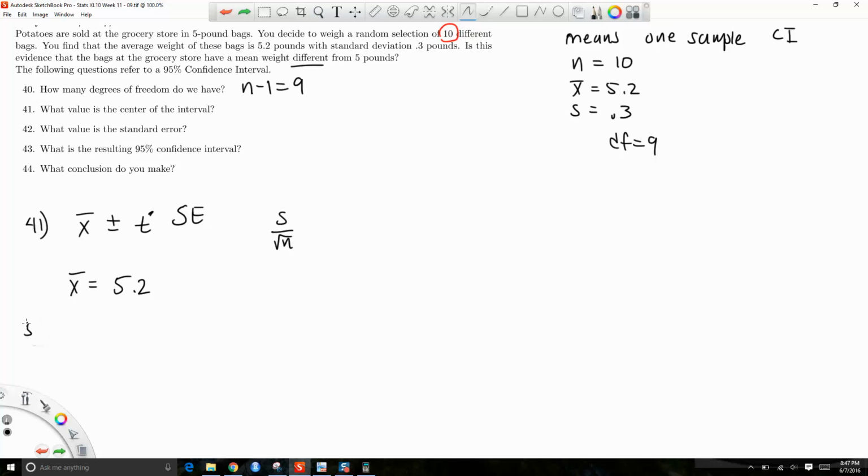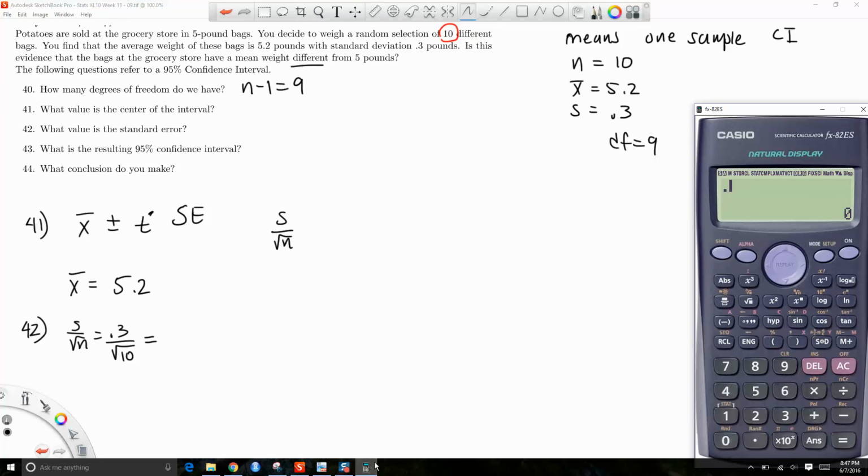What's the standard error? That's going to be s over the square root of n. 0.3 divided by the square root of 10. And I get 0.0949.